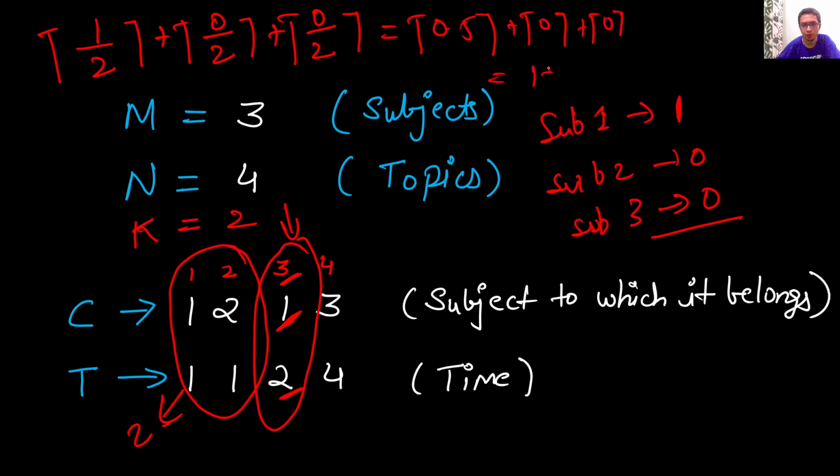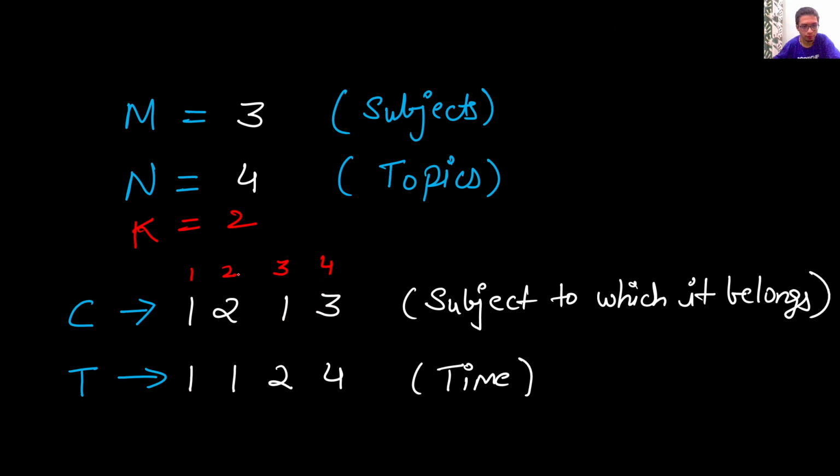This would be 1 plus 0, which is 1. So if I consider the second case, then my total score would be 1. As we can see that 2 is greater than 1, so we would go on with the first case, and the total score that we can have is 2. Hence our answer would be 2 for this case.